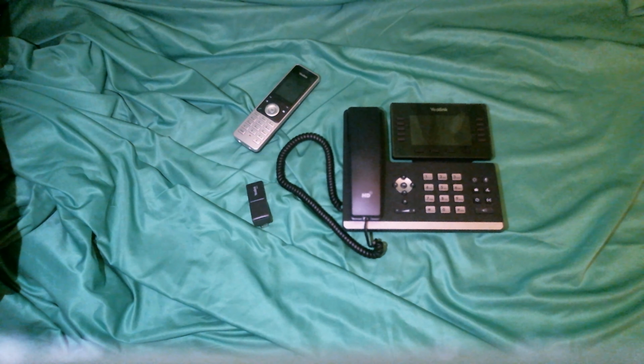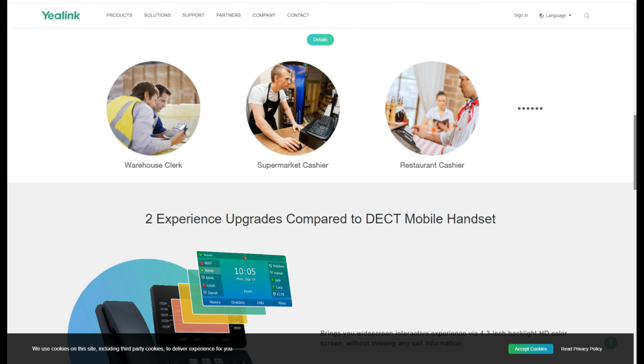Now, on the Yealink site, you're going to have the phones that show you different scenarios where people use these devices, as well as the colored screen for the phone.